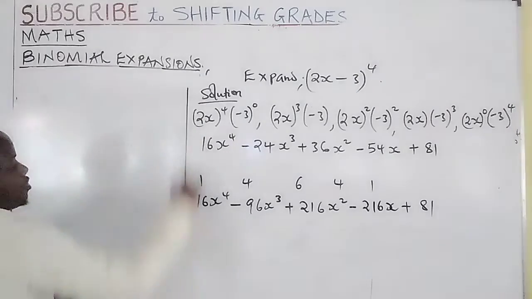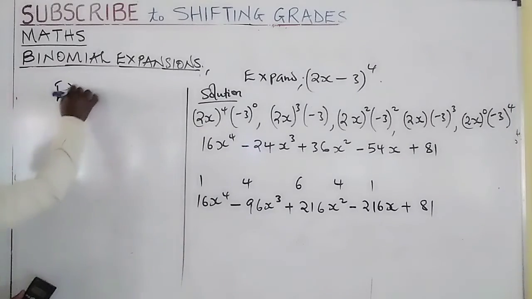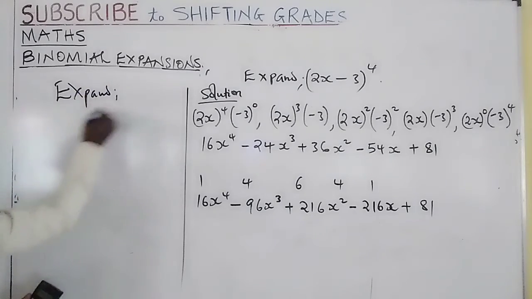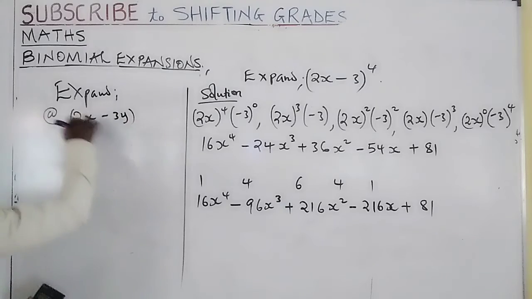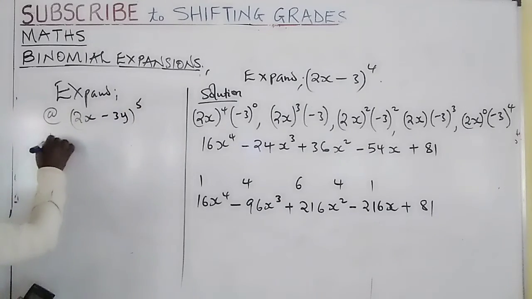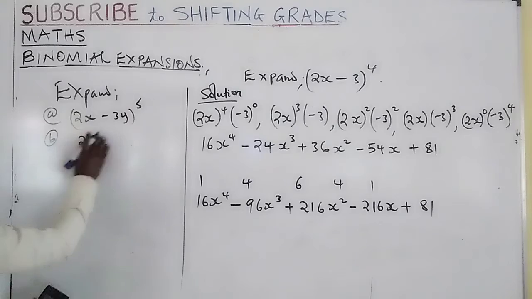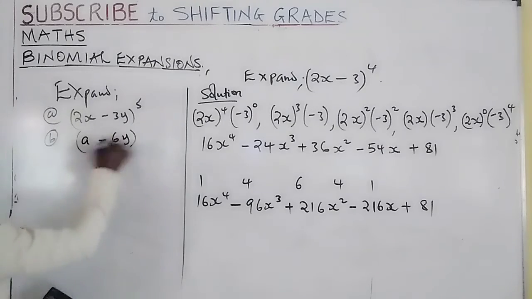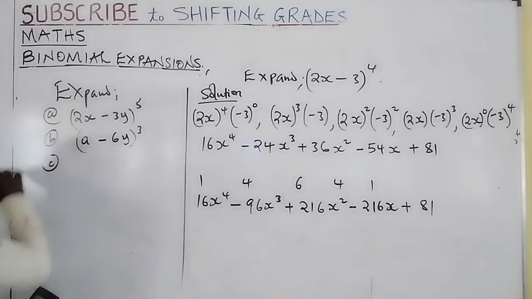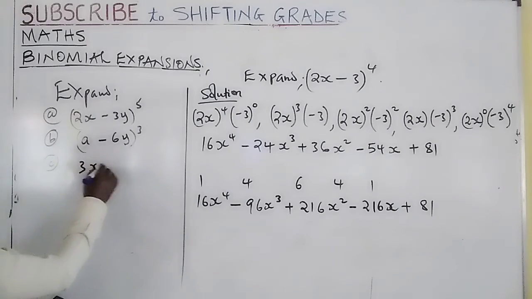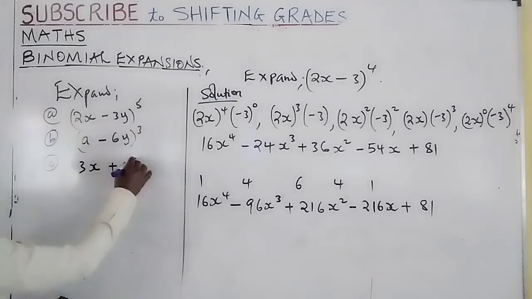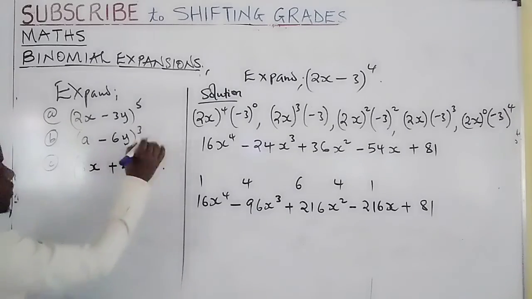During your own time, you can expand 2x minus 3 raised to power 5, or let me give it as a minus, raised to power 3, and finish by expanding 3x plus 4b raised to power 6.